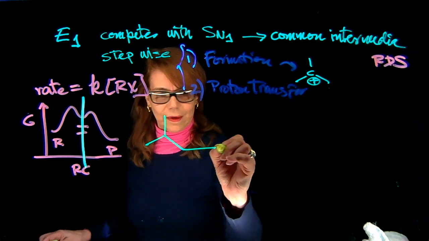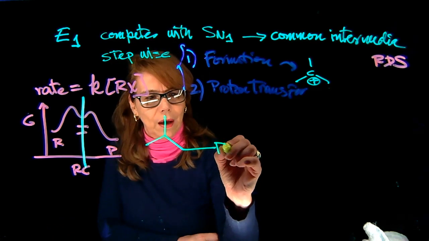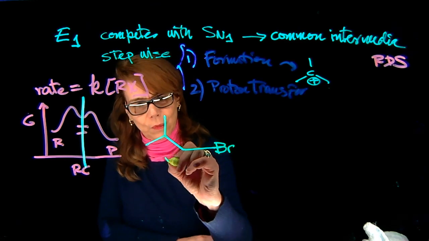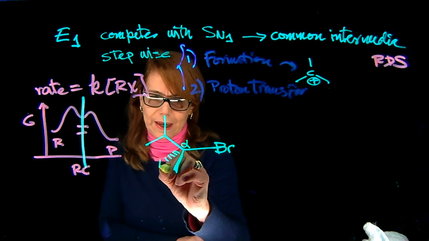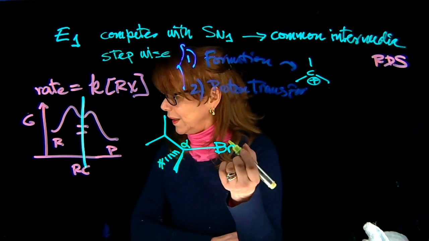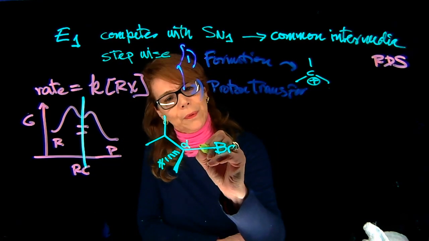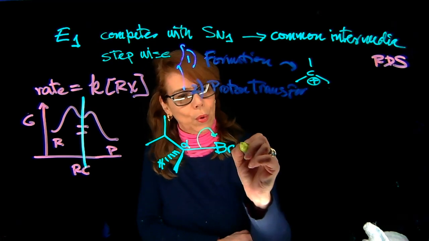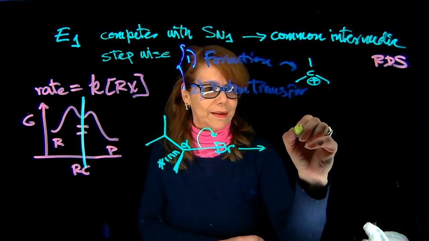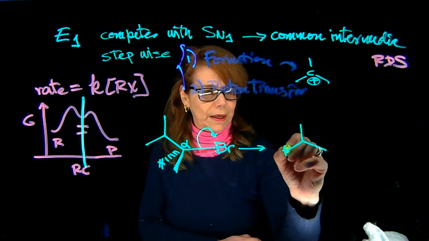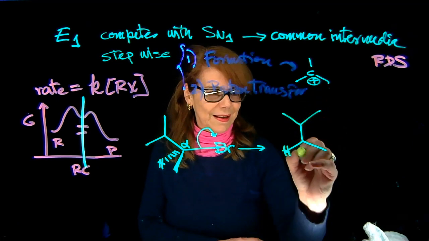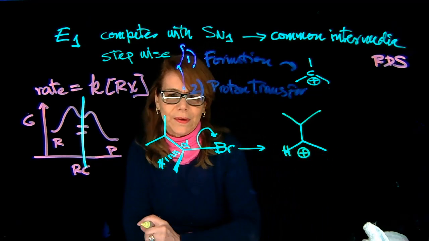I'm using the same example that I've used before for SN1 and SN2. So again, I'm creating here a chiral center with a specific configuration. And we said that this process is stepwise, and the first step is the formation of a carbocation. And that's my carbocation here.